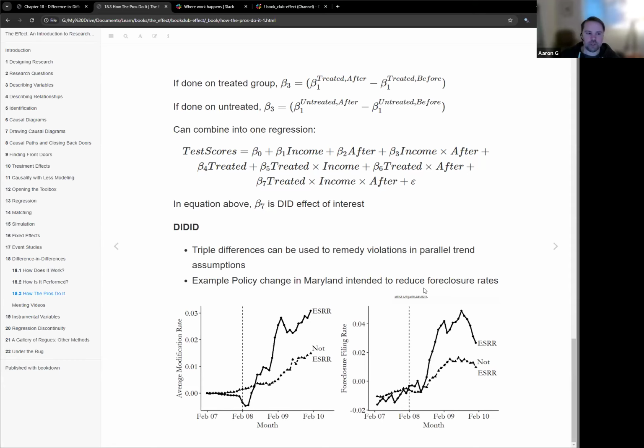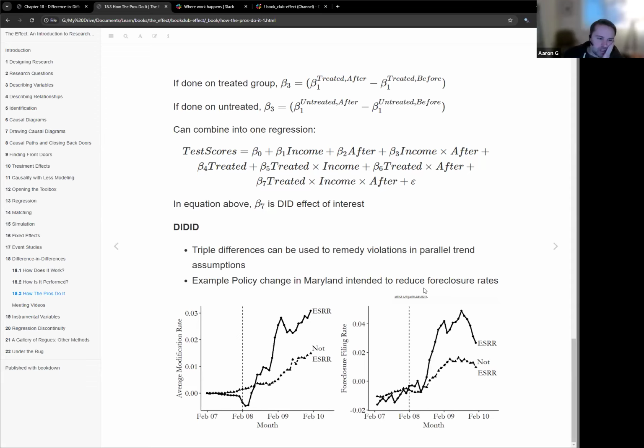Again, doing a DID with the out-of-state stuff, and so then we're doing another DID against that initial set of differences. So now we have a DID of DIDs. And the idea here is that now we're kind of robust to that parallel trend assumption not holding, and that's what the authors did here.